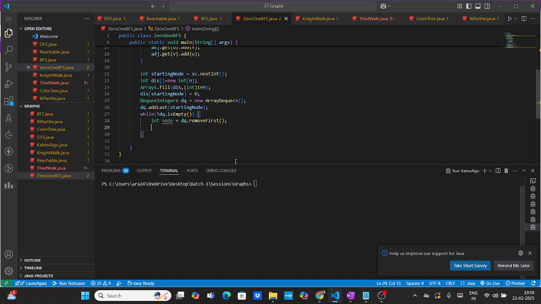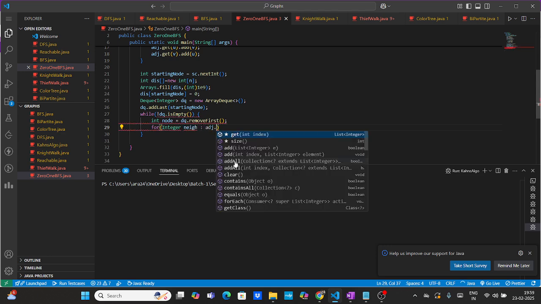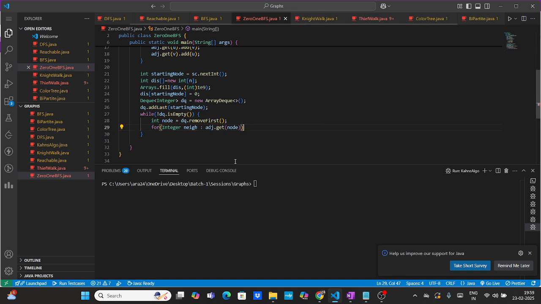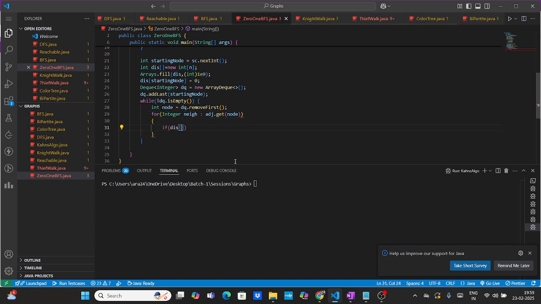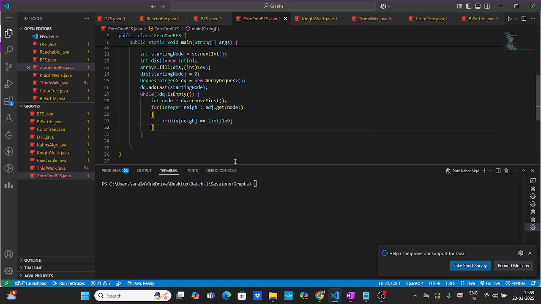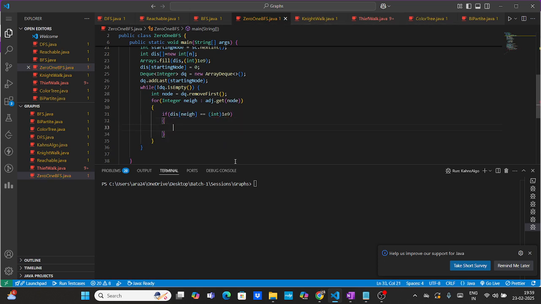Then for each integer neighbor in the adjacent list, get the node. If the distance of the neighbor equals the initial value, can we say we are visiting it for the first time? Yes, first time.